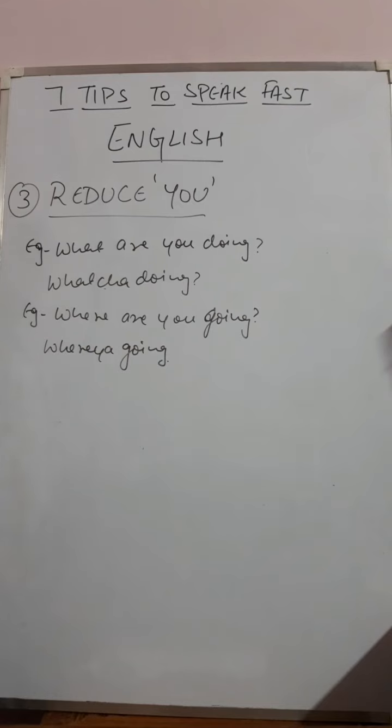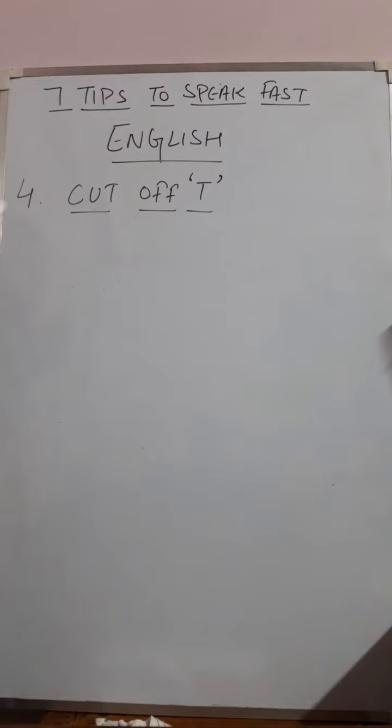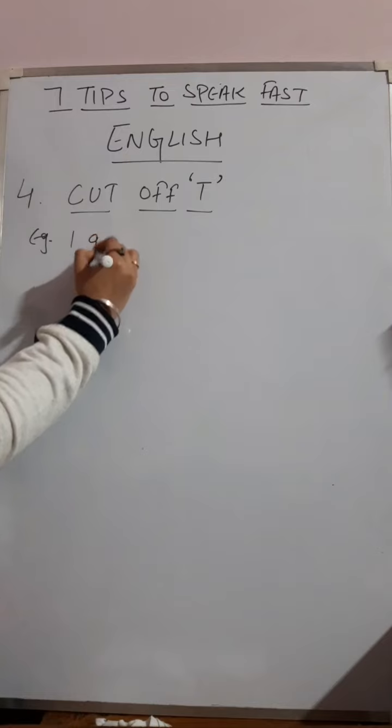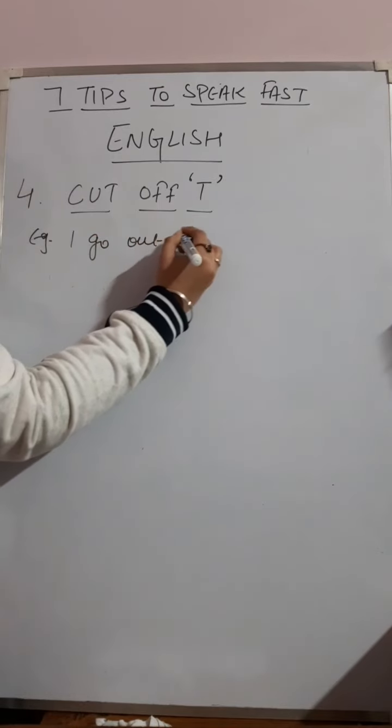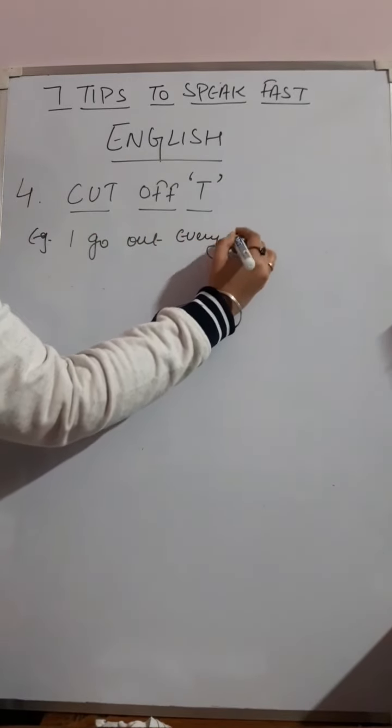Now let's move on to the fourth one, that is cut off T. Now the question is how you can cut off T from a sentence. Let's take an example. Suppose I say, "I go out every night."